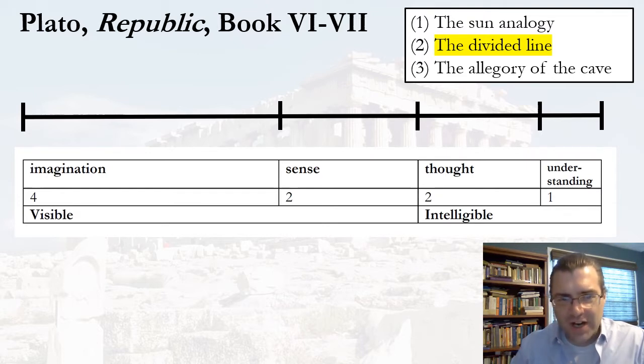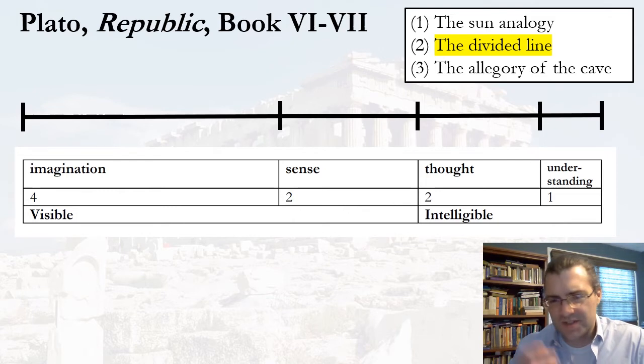So the imagination section is going to include different kinds of experiences that are not really fully substantive and real, but are rather just reflections or images. Shadows will be included here. These are images that we experience in the sensible world, but don't actually correspond to a substantive thing, you could say.